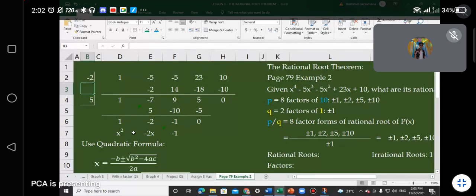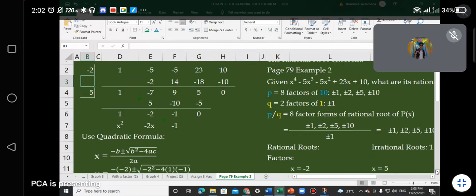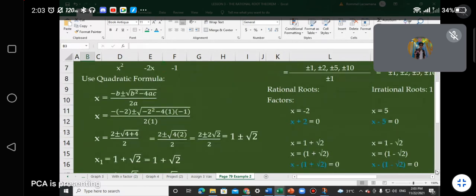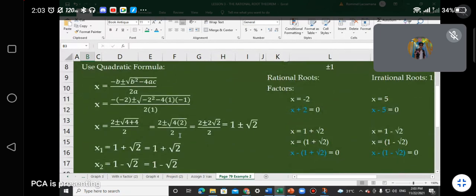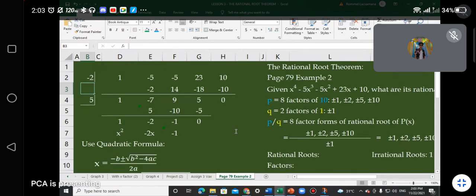And then what happens here? It is suggesting that you use the quadratic formula. Why? Because using the quadratic formula gives you an irrational number. Though we are actually using the rational root theorem to look for the rational root, it is amazing how it gives us irrational.